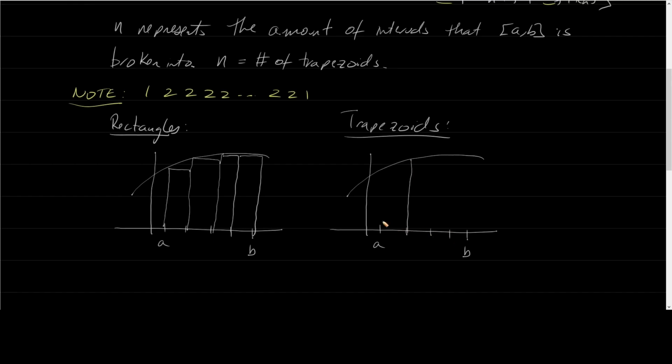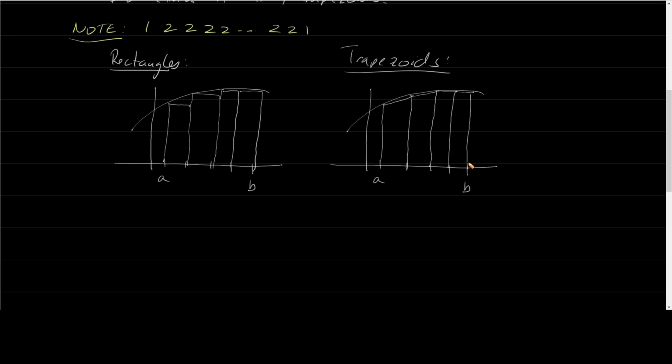If I draw trapezoids in here, I end up with a better approximation under the curve, because the actual room that's left under the curve is even smaller now. That area that I colored in is a smaller region now, even though it is the same curve. So the trapezoids essentially allow us to get a closer and closer approximation.